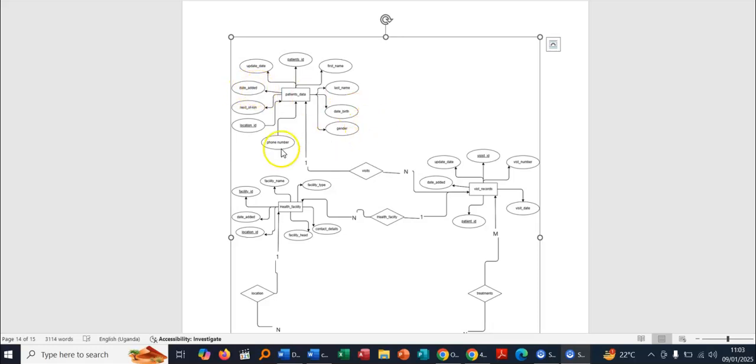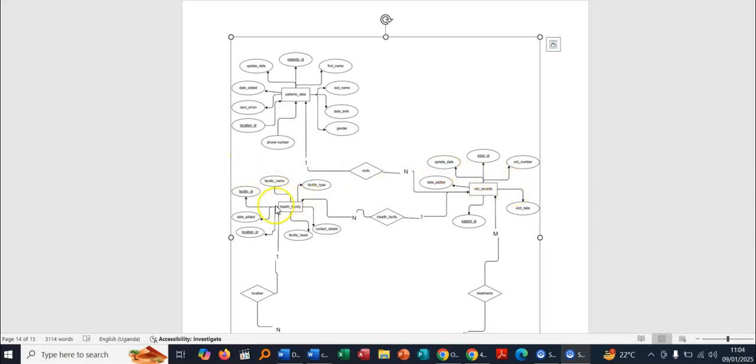It then connects to the visiting records entity, which has the primary key of visiting ID, the visit number, the visit date, and the patient ID as a foreign key to the visiting records. The date added and the update date are also attributes of the visiting record entity.